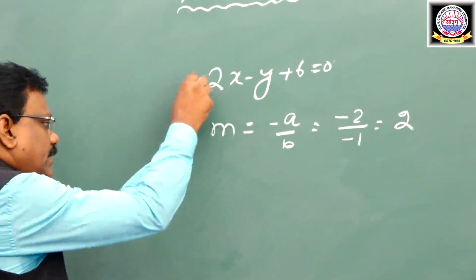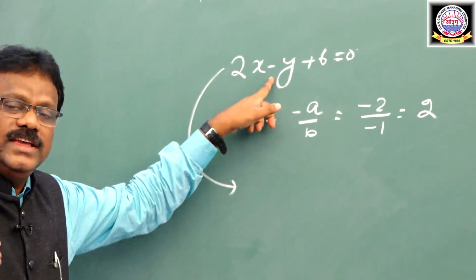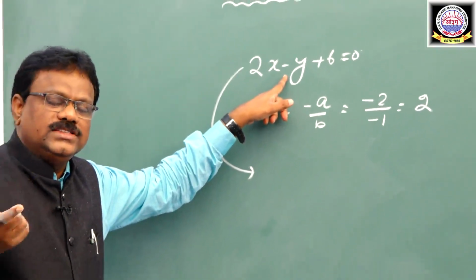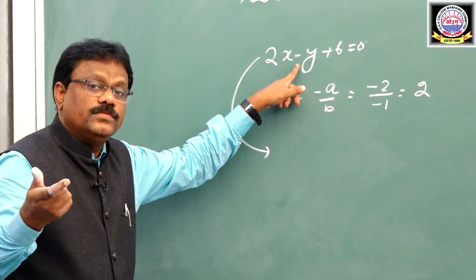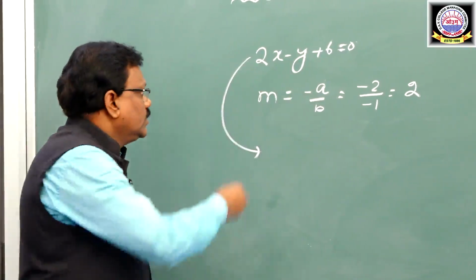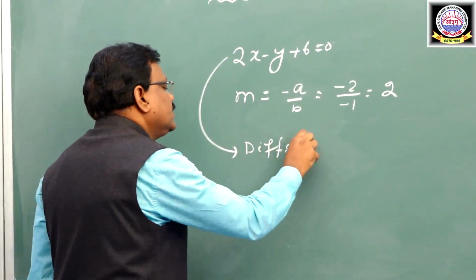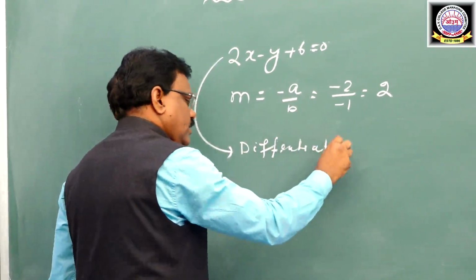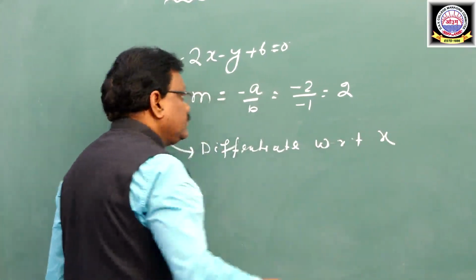So let us find the derivative of this function. What type of function is it? x and y are in mixed form, so that is an implicit function, and we are going to find the derivative of the implicit function. So differentiate with respect to x.